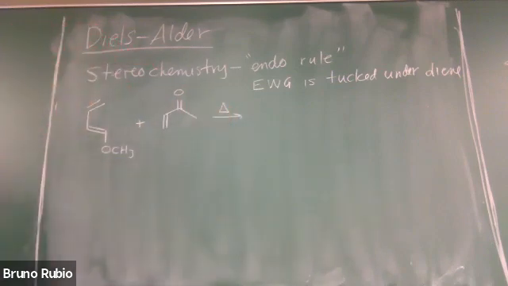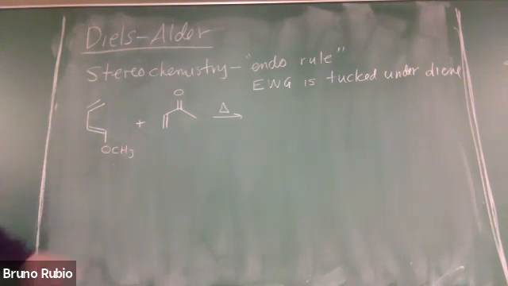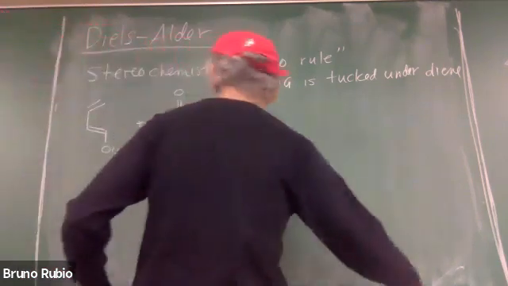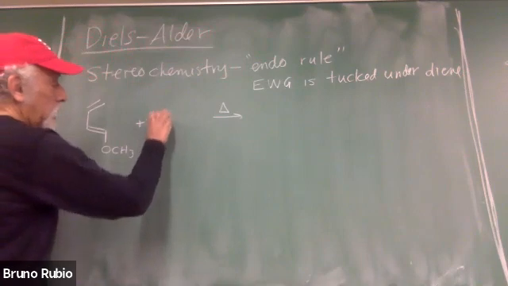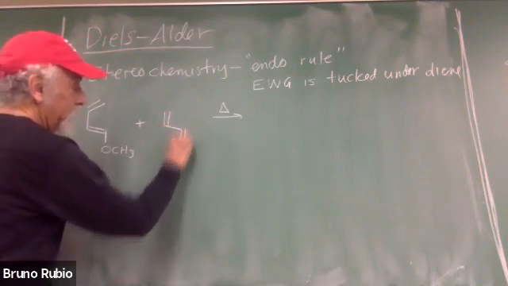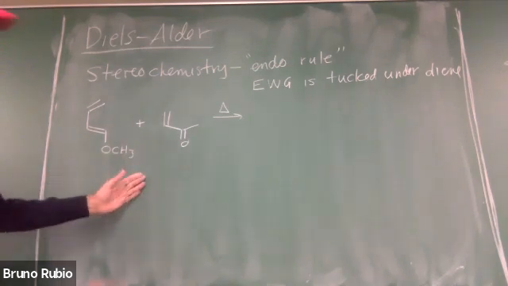Right, so this was a system that we just talked about, and we went through the regiochemistry. We saw how this is going to give a 1, 2. I better draw this in the way that makes that 1, 2 product a little bit more obvious. Okay, so now, stereochemistry.